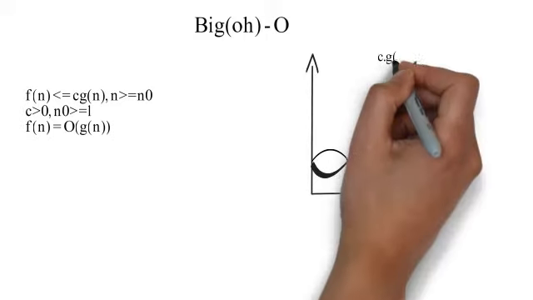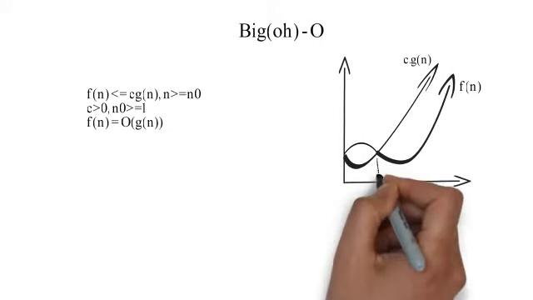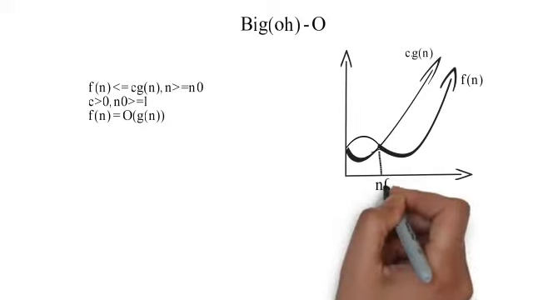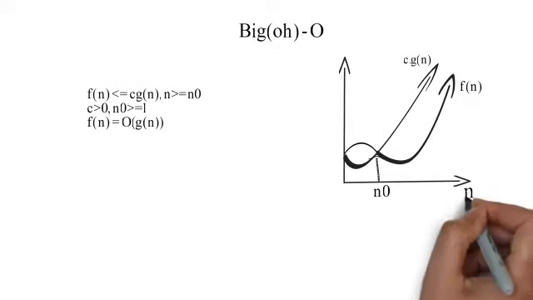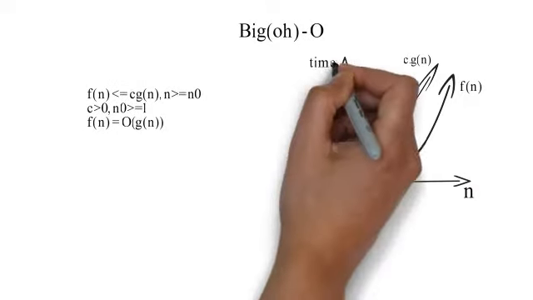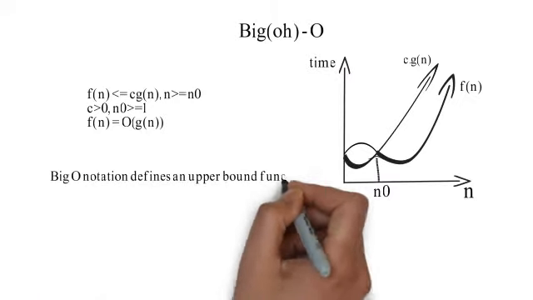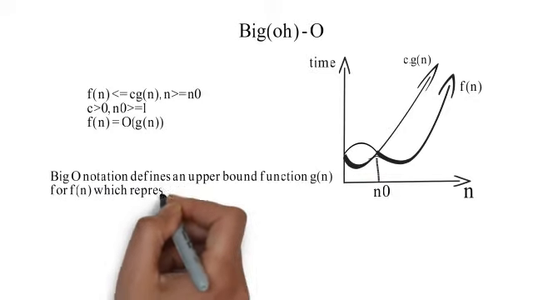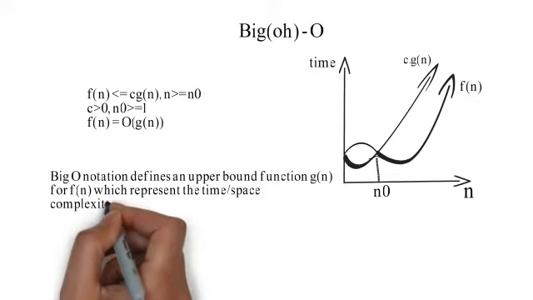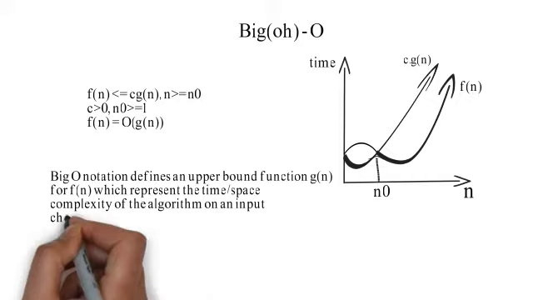Sometimes g(n) is lesser than f(n), but after some time it increases. And there is an n naught, where n is space and time. Big O notation defines an upper bound function g(n) for f(n), which represents the time or space complexity of the algorithm for an input characteristic n.